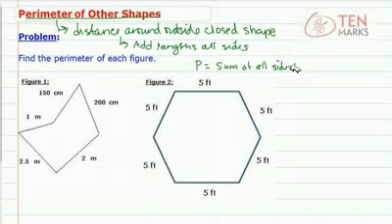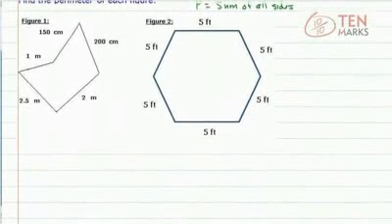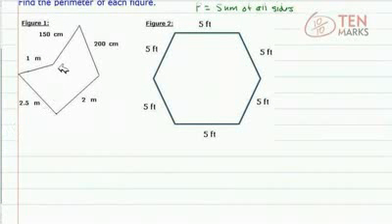Let's take a look at our first figure, figure 1. This figure is a polygon with sides of 1 meter, 150 centimeters, 200 centimeters, 2 meters, and 2.5 meters.